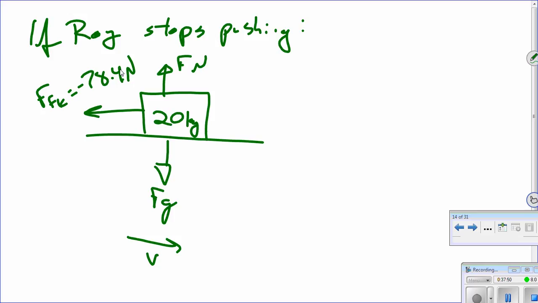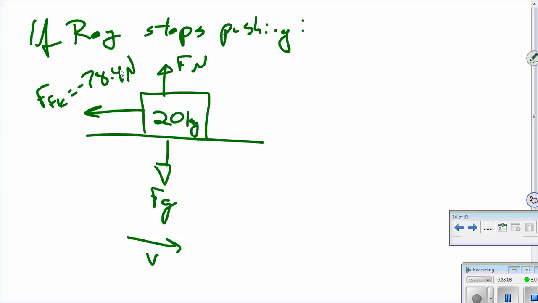Good? Yeah, Alex? So, force of static friction in order to get it moving. If you then were to, never mind.